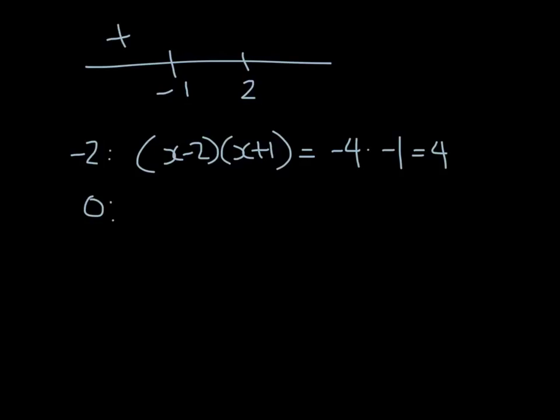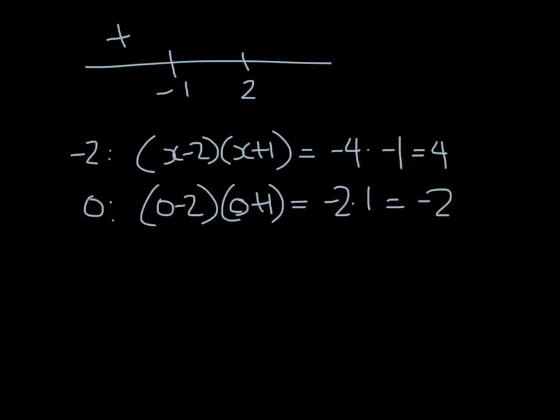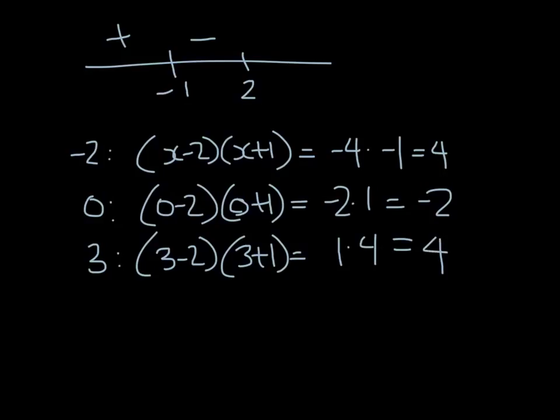If I plug in 0, I end up with 0 minus 2 times 0 plus 1, or negative 2 times 1, which is a negative number. And then if I try something greater than 2, let's say 3 minus 2 times 3 plus 1, 1 times 4, that equals 4. So this is positive.